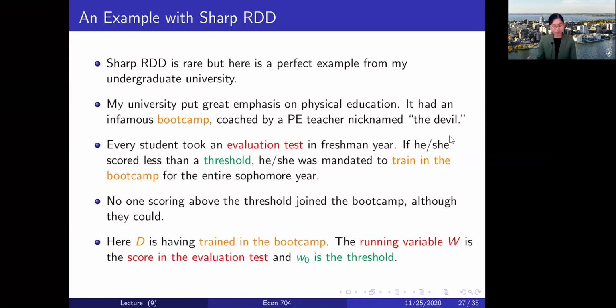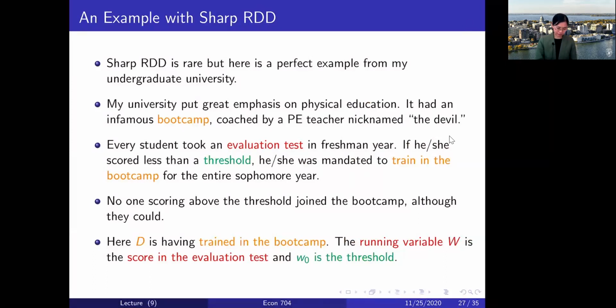The students who scored above the threshold were allowed to sign up for the bootcamp, but as a matter of fact, nobody actually did. So no one scored above the threshold joined the bootcamp, and all of the students who scored below the threshold were mandated to join the bootcamp.